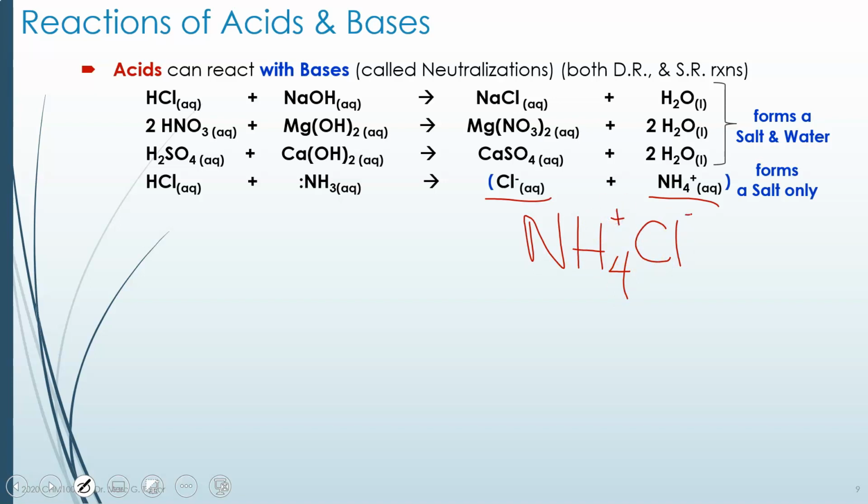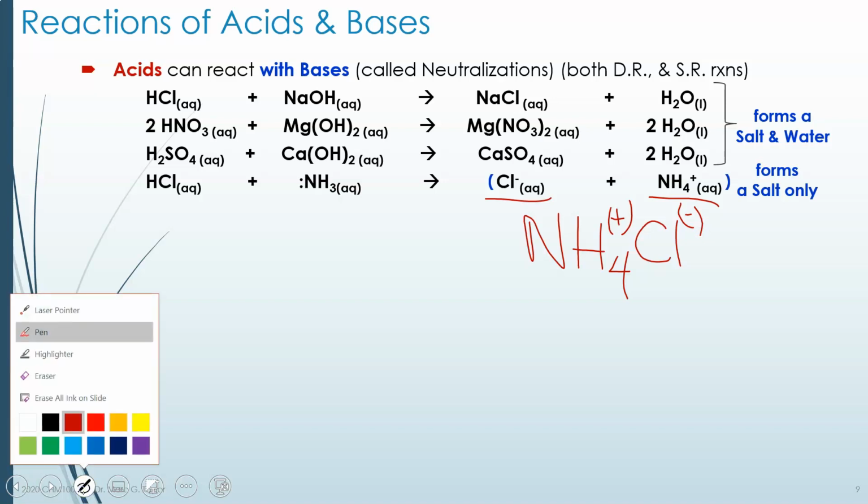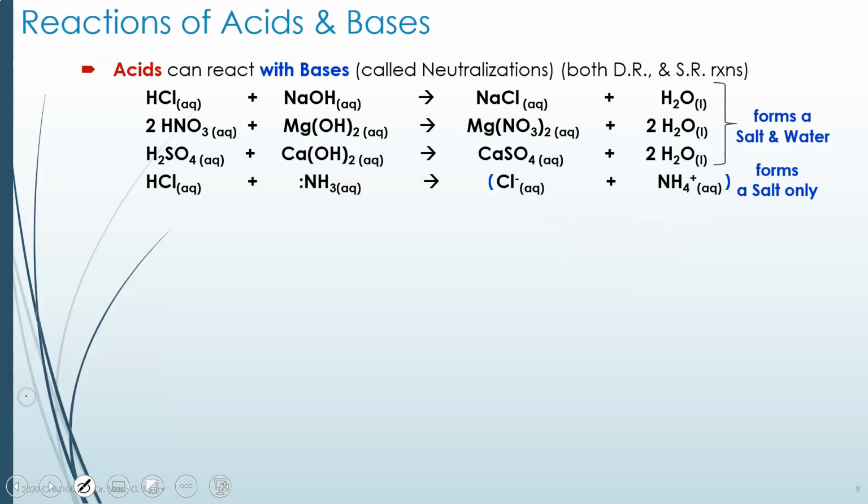Remember, those are ions, though we don't usually write the ions when we write it as a compound. I'm just showing you how they come together, and this is called ammonium chloride. In this case, the ammonium chloride is just produced by reaction with the acid and the base, and you really will only end up with one product if you dried this down, a single salt.